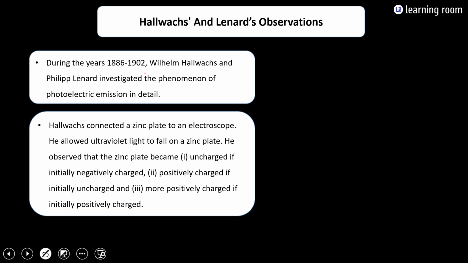It became positively charged if it was initially neutral, which means electrons are lost. And it became more positively charged if the zinc plate was initially positively charged. So in all three contexts, what is indirectly told to us? Electrons are lost or electrons are emitted.